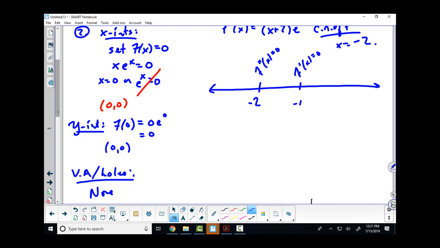Okay. And what else would we potentially put up on this number line? We're not going to do it in this case, but what else do we normally put up on this number line? What do you say, Journey? Where it would be undefined? Exactly. But what do we say about this function? It was defined everywhere.